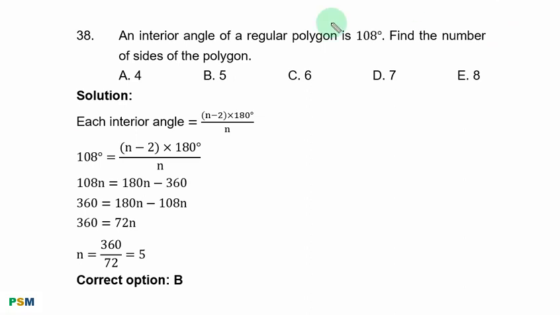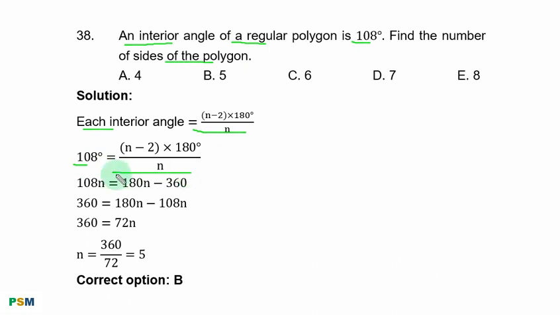Question 38. An interior angle of a regular polygon is 108 degrees. Find the number of sides of the polygon. An interior angle, that means 1. Solution: each interior angle is given by this formula. You have one of the angles to be 108 degrees equal to this formula.